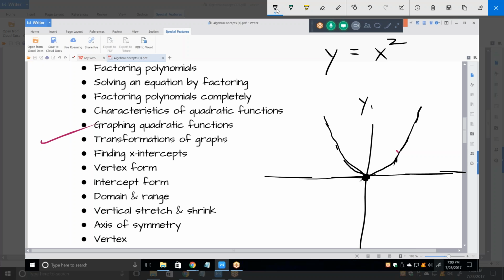Now, let's talk about what this function would look like: y equals minus x squared. I think it would open down. Where would the vertex be?